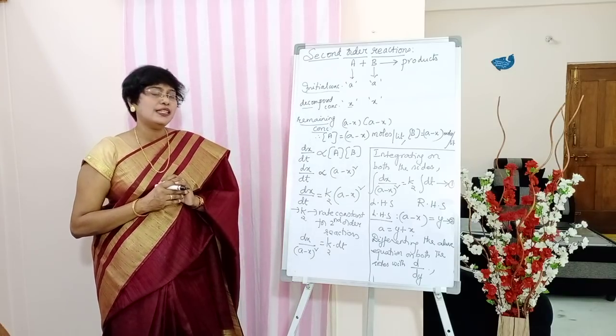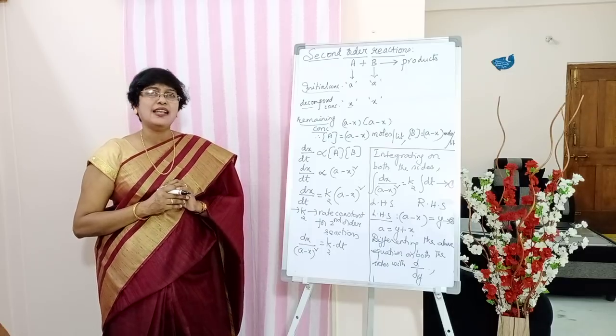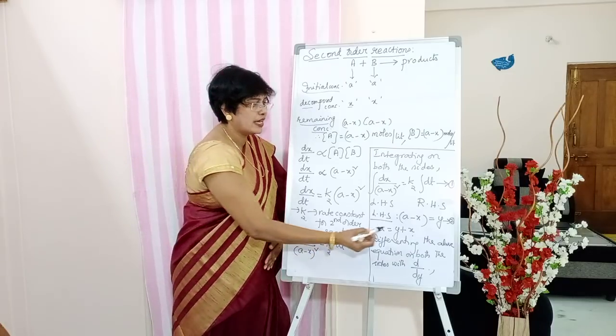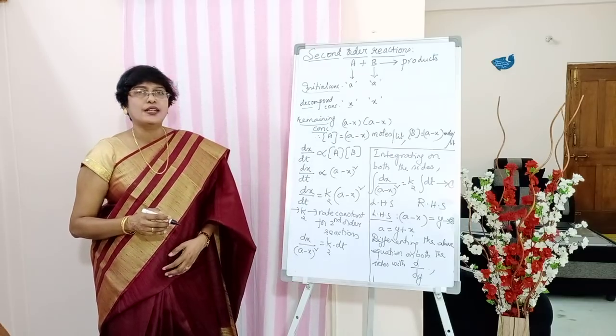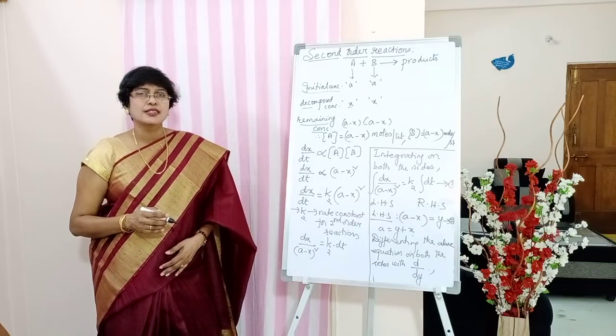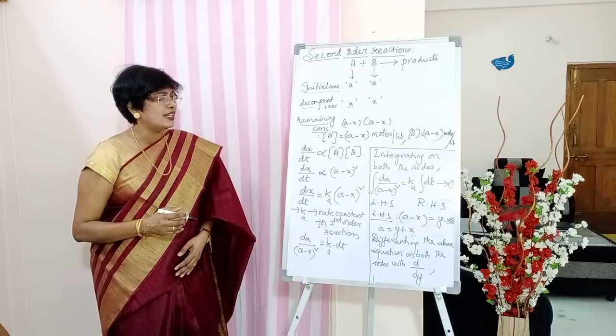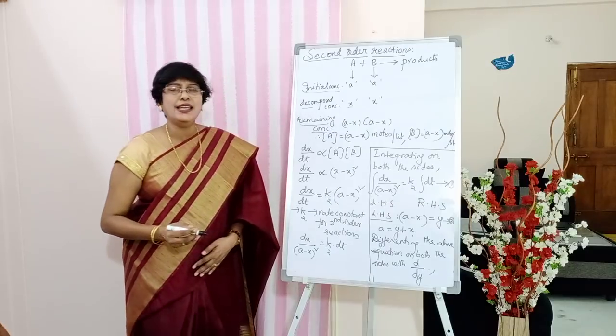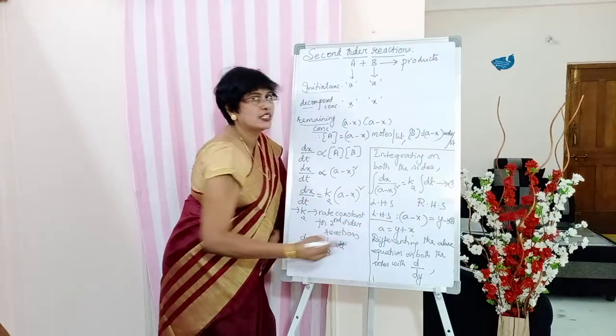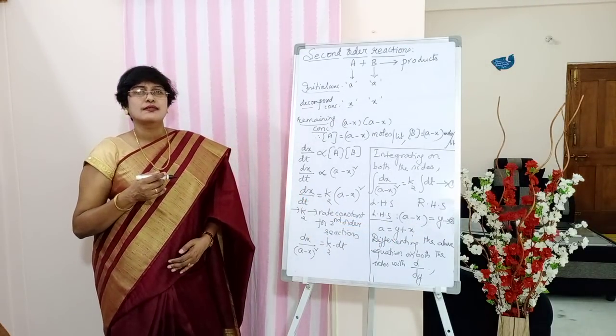Look at the denominator, students: (a minus x) whole square. So let a minus x be equal to y. Mark it as equation 2, students.